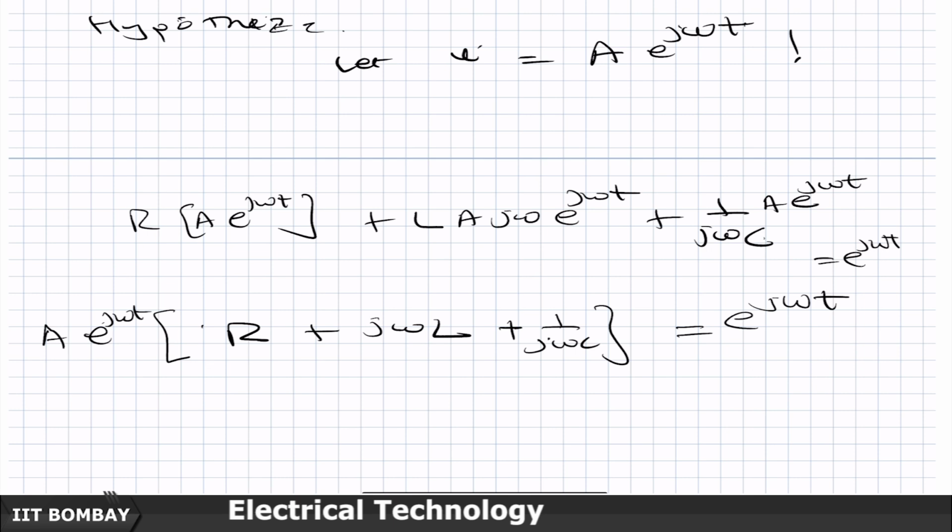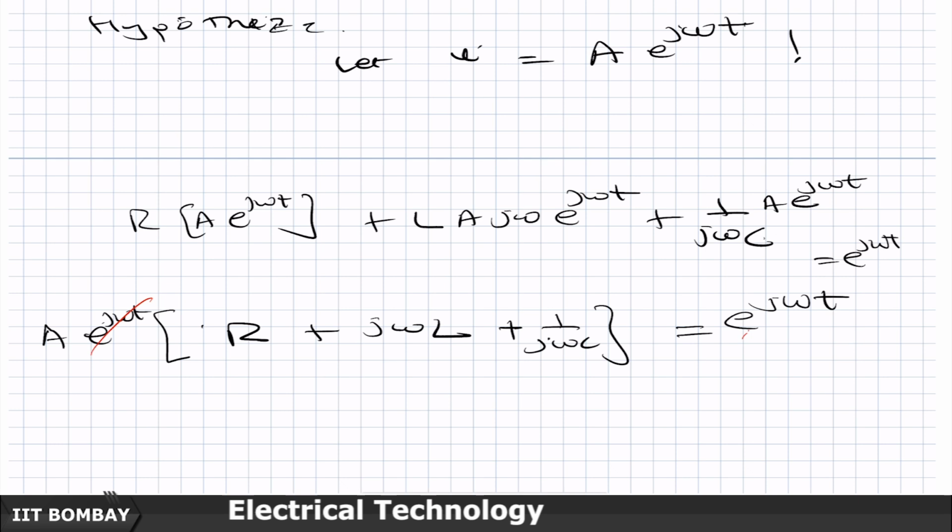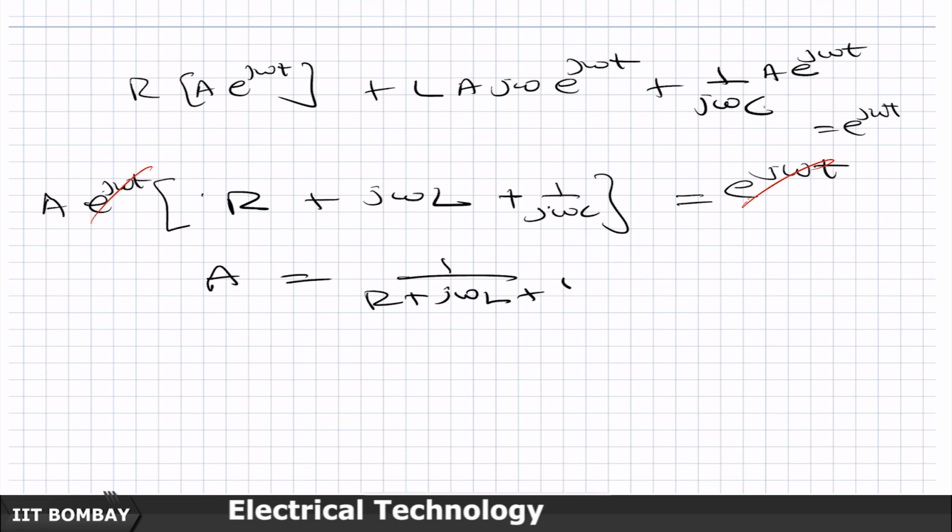And so, now I can cancel this and this, and I will get therefore that a should be equal to 1 by r plus j omega L plus 1 by j omega C.